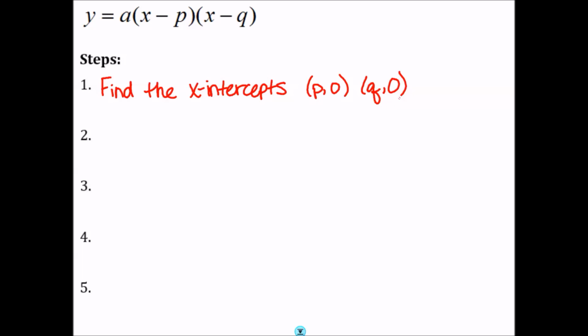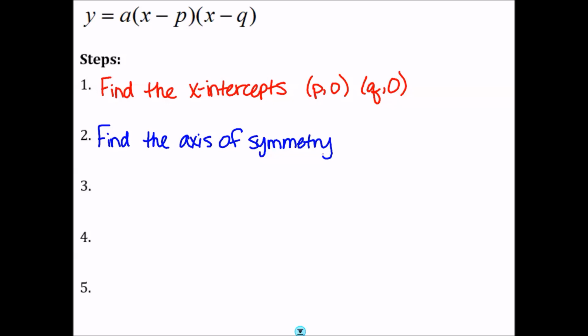The next thing you need to do is find the axis of symmetry. And as we just saw in the previous example, the axis of symmetry is going to be the middle between the two x-intercepts.